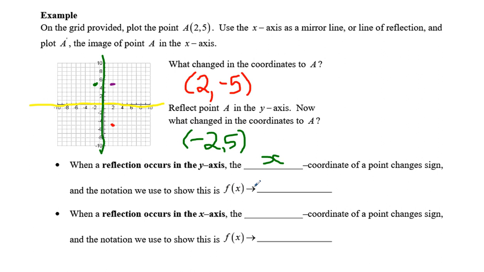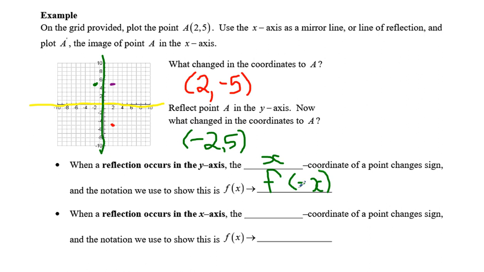Whatever x was, put a negative on it. If you were a positive x, you'll become a negative x. If you were a negative x, won't a negative become positive?